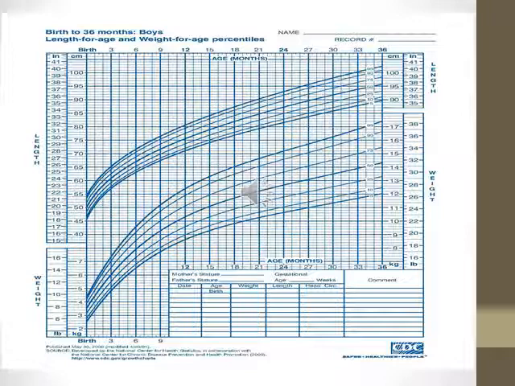We can see that on the x-axis there is age, 3 months, 6 months, 9 months, 12 months and so on, and on the y-axis there is the weight which the child is gaining, 8, 9, 10, 11 kgs, and the length. So you plot on this growth chart, you make one point on the age and the other point on the weight or the length, and then you meet the 2 points and see at which point the child's growth is falling on this growth chart.